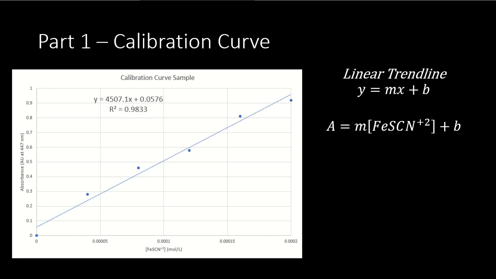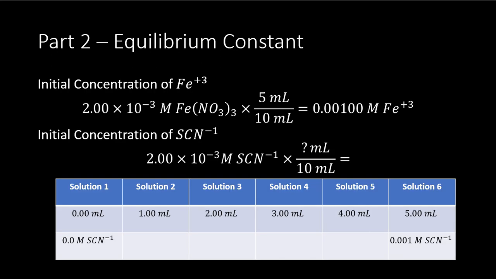These are very typically linear. And whatever linear trend line you get, it'll be in the common format of y equals mx plus b. And in reality, that is just our absorbance equal to that slope value multiplied by the current concentration of our complex plus the intercept. And we'll save that equation for part 2.